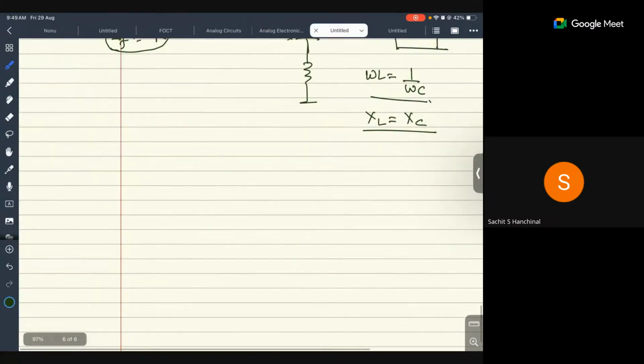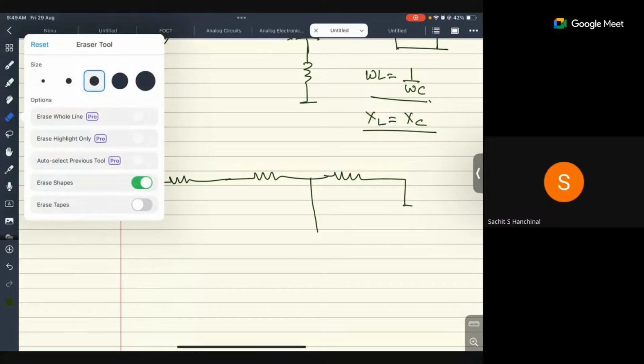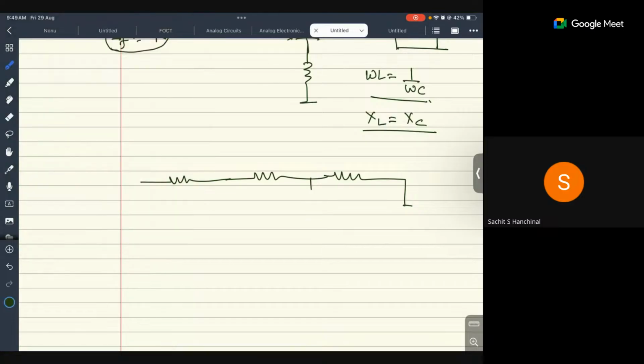Okay, question number three. This resistance, connected here, minus plus.